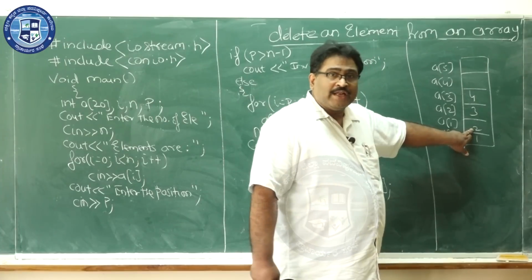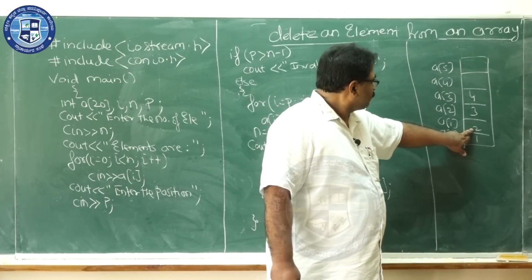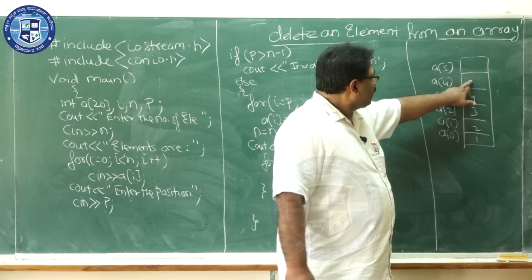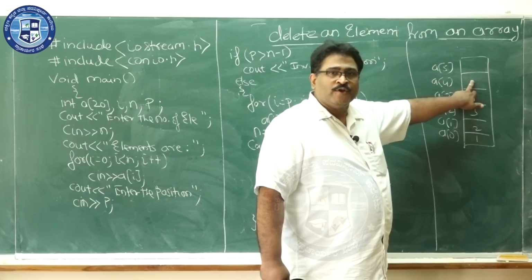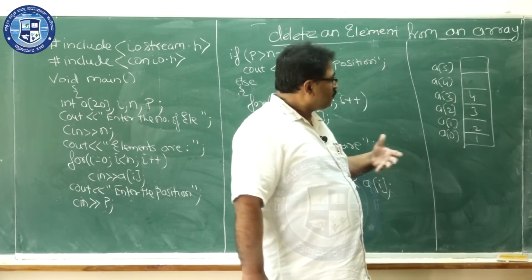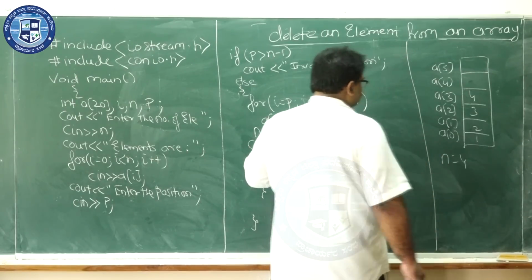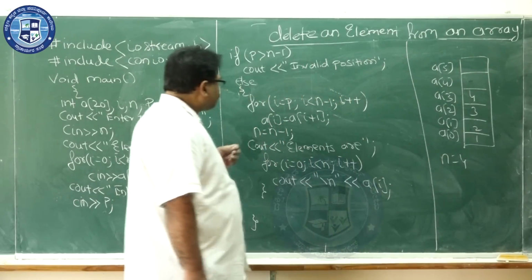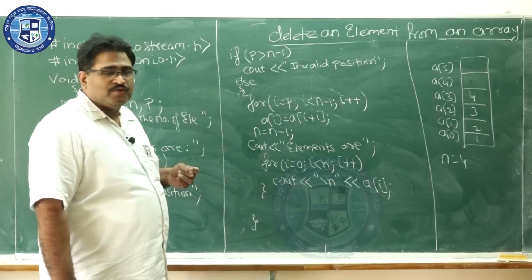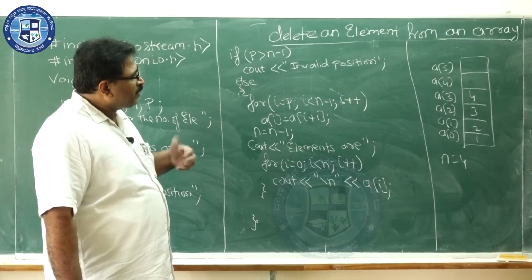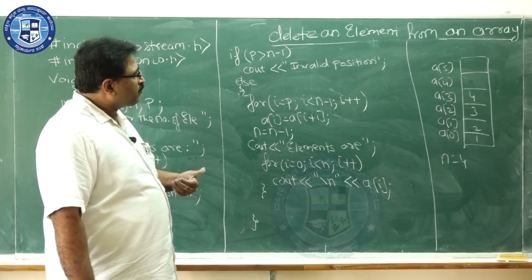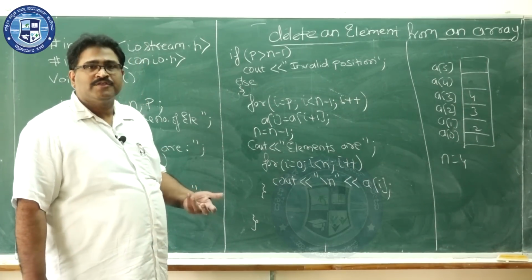That means this element 2 can be deleted. Can we delete any element from this position? No, because we don't have it. So, if you have the value of n as 4, that means I cannot delete any element if it is greater than n minus 1.